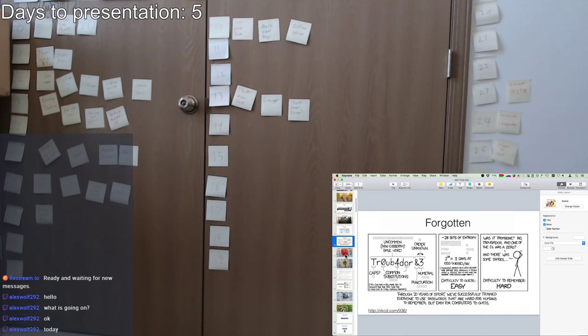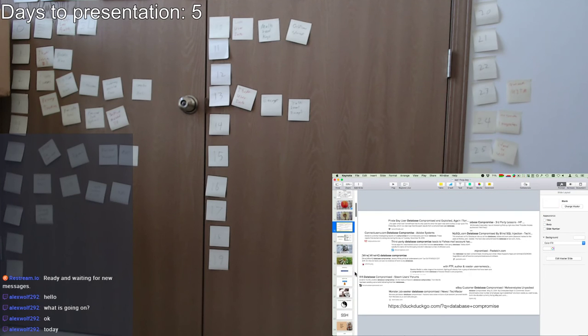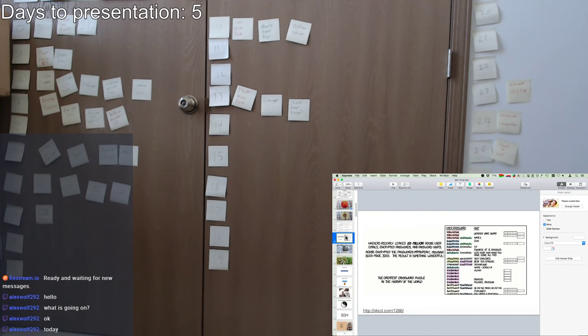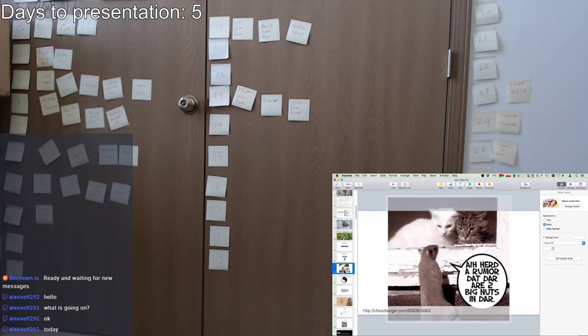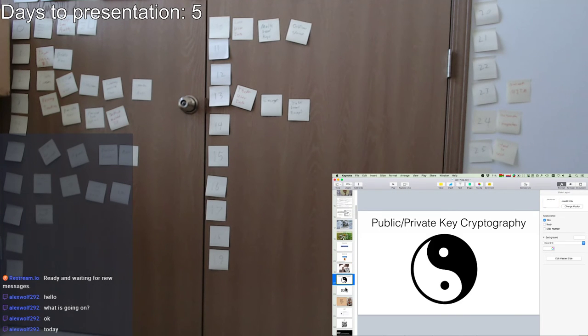So it's starting up a little bit the same, with a little bit more elaboration. All right, public-private key cryptography.